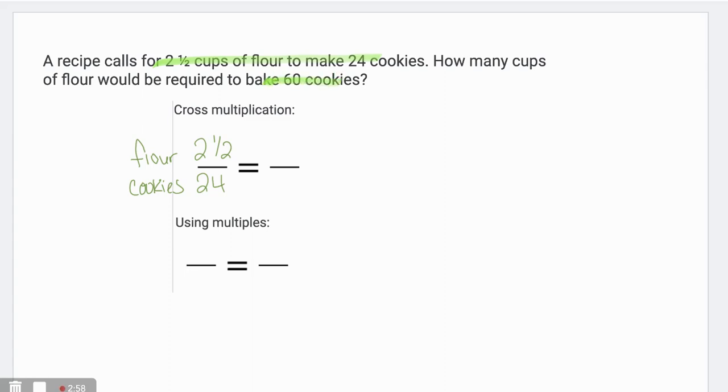So again, the key is keeping your units the same. So 60 cookies, I would need to put here in the denominator with 24 cookies because my units need to be the same. Now I would cross multiply this. So I'm going to say 2.5 times 60.